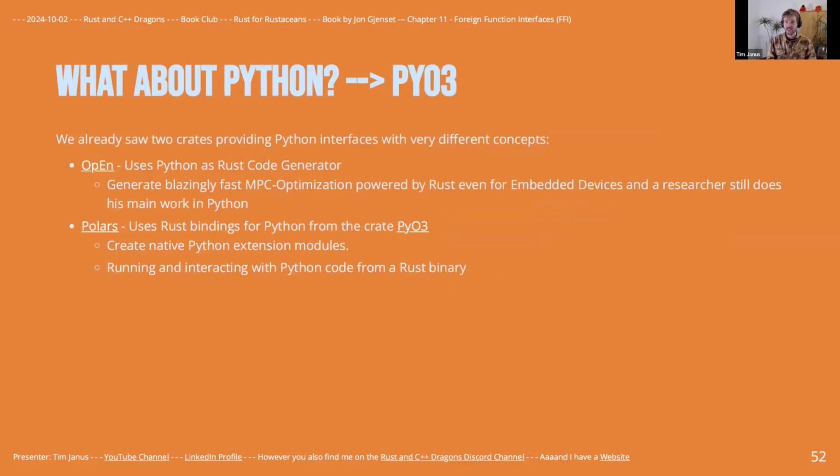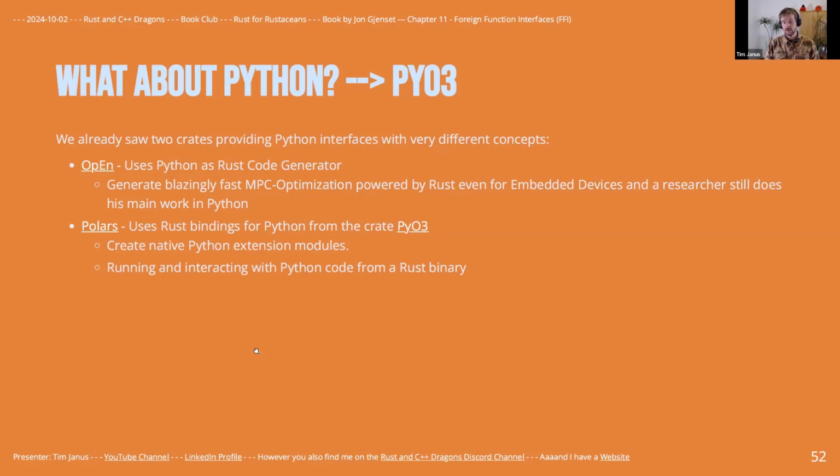What about Python? Python is probably, for some people I know, the most interesting language. And we already saw on one of the first slides this open-source project, which is generating Rust code, really text generation, and then compiling, with the use case that they want to have a model predictive control optimization on embedded devices. The researcher can just do his thing in Python, and it's blazingly fast.